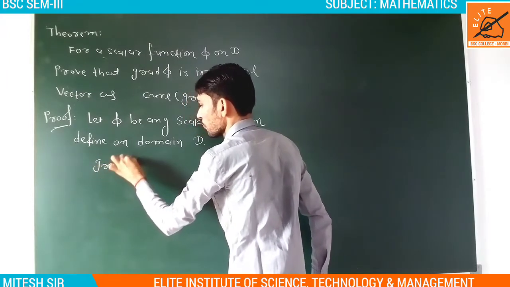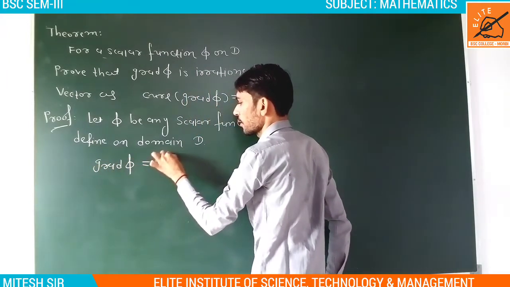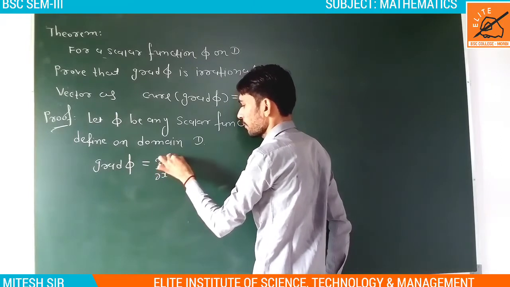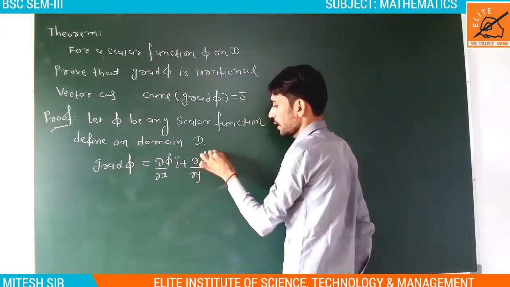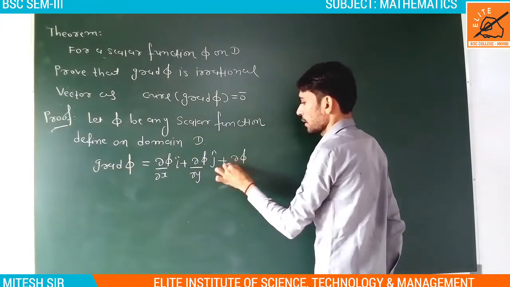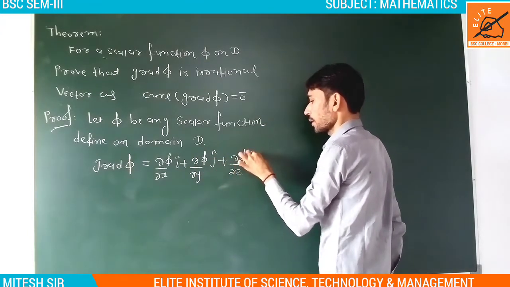As you know, the formula of the gradient phi is del phi by del x i cap plus del phi by del y j cap plus del phi by del z k cap.